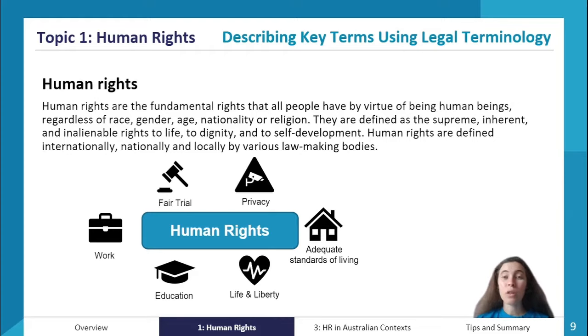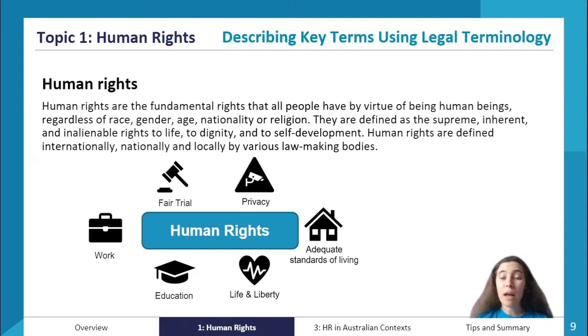So human rights are defined internationally, nationally, and locally. So different countries can have different human rights and different definitions of human rights, because we've got those different levels and different lawmaking bodies in each of those areas. So in terms of the Australian context, we've got a bunch of human rights that you're probably familiar with.